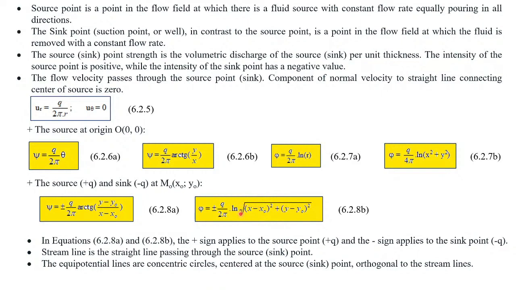Or you can delete the square root and you put 1/2 outside. That means you get Q over 4 pi log of X minus X0 to the power 2 plus Y minus Y0 to the power 2. Okay, you can cancel the square root.